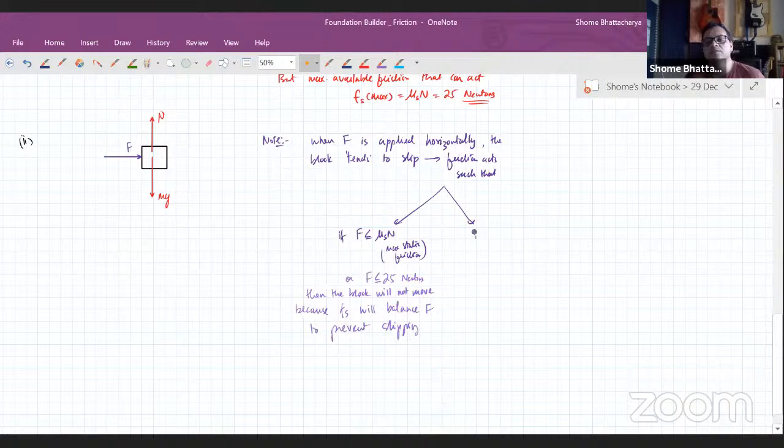Whereas on the other hand, if the force we apply is greater than the maximum static friction, that is F is greater than mu s into N, or in this case F is greater than 25 newtons, then the block will start to slip.